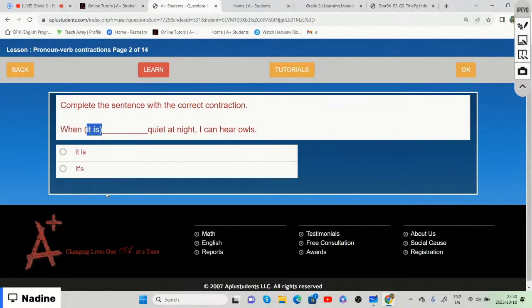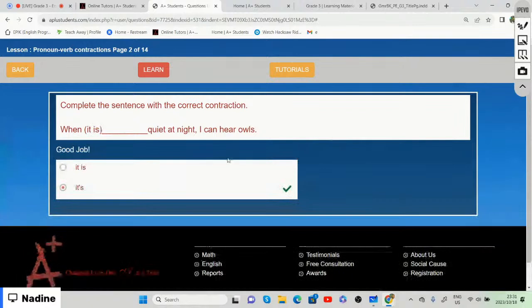Yes, and if we look at the shortened form of that word, remember we said it stays the same, and then we just shorten the verb by adding our apostrophe. So it's is correct. Remember, it is is still the full word. The contraction is the shortened form of those two words. So it's is correct. Well done.